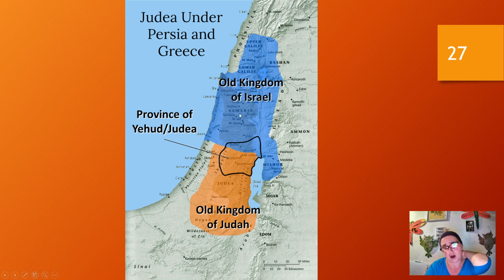Some probably fled as refugees into Judah, and were just absorbed into the province of Judah. So this is a pretty major catastrophe in 722 BCE. Half the kingdom, half the nation of Israel is effectively lost.